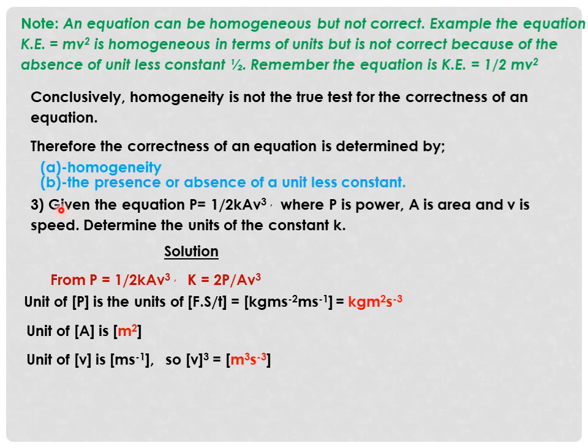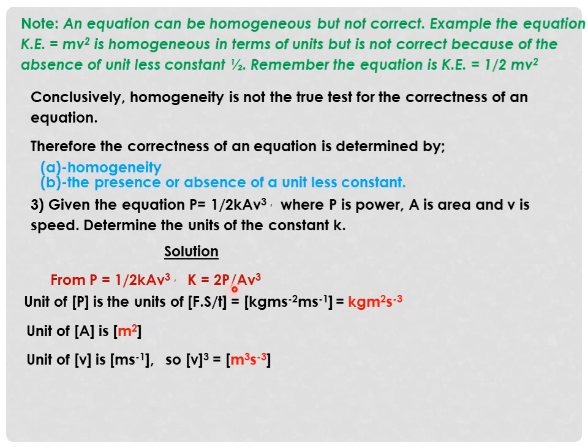Last example: given that the equation P is equal to half KAV cube, where P is power, A is area, V is speed, determine the unit of the constant. As a way of solution, we rearrange this equation so that we have K standing all by himself.